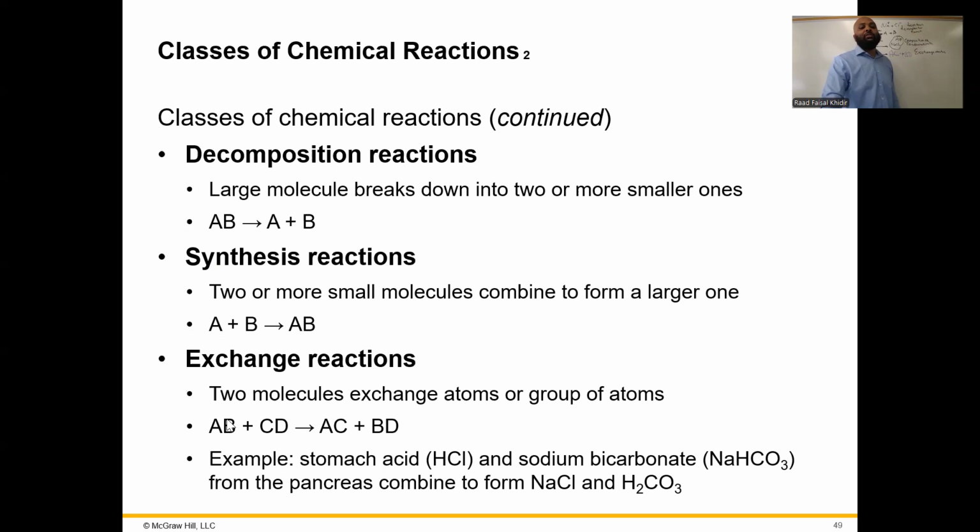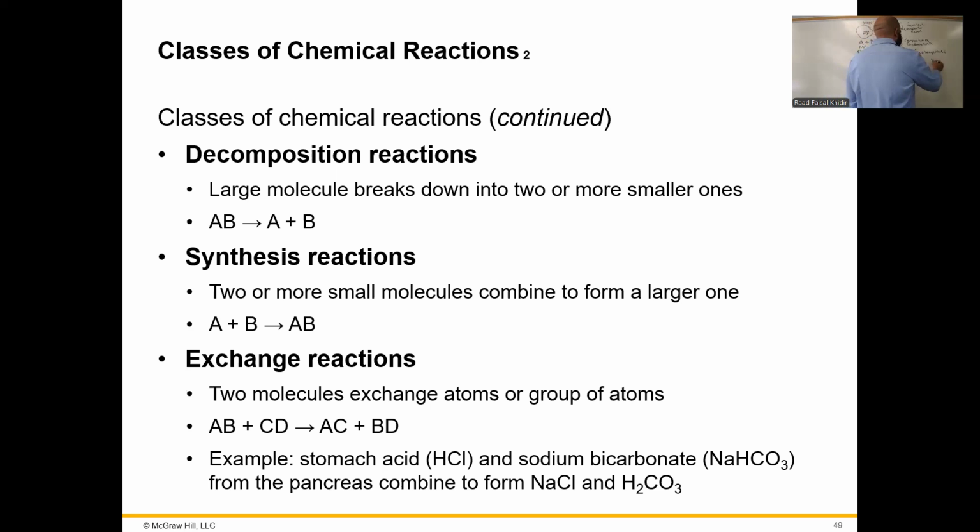Then there are exchange reactions, when things alternate, like what's happening in a reaction between stomach acid, HCl, and bicarbonate, NaHCO3. What happens is the H is going to be picked up by the HCO3 because that's a buffer.